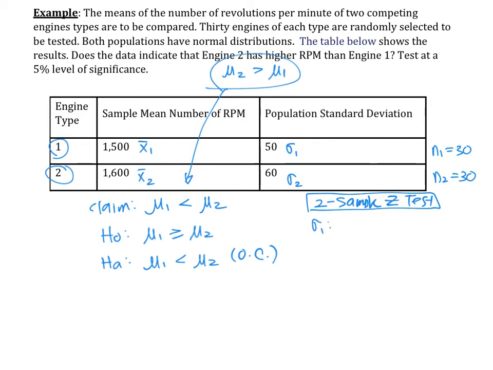Sigma 1 is going to be 50. Sigma 2 is going to be 60. X bar 1 is going to be 1,500. N1 is going to be 30. X bar 2 is going to be 1,600. N2 is going to be 30.